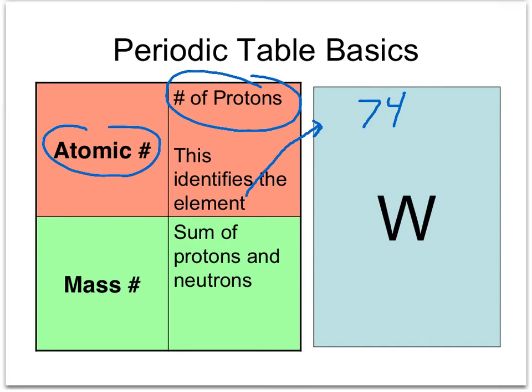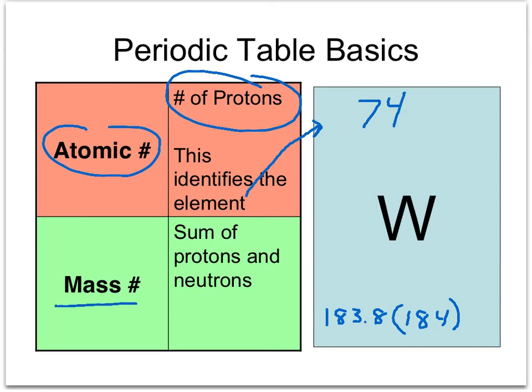And the mass of the atom, if you go to the periodic table and look up W, you're going to find it says 183.8. I'm going to explain a little later why it's a decimal. For now, we're going to round to 184, and we're going to use that number. So that's the mass of the atom.